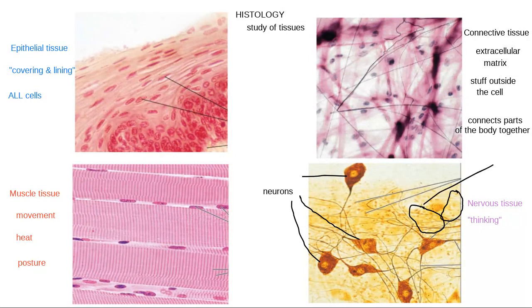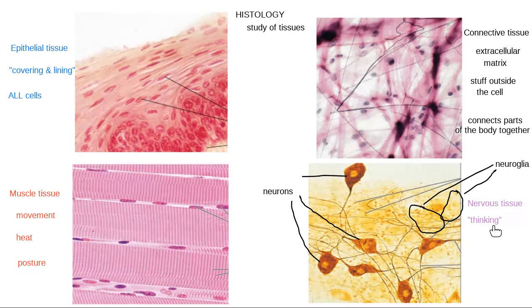Those little tiny spots that you're seeing are called neuroglia. And those are the helper cells. They help neurons do their job. So neurons are the thinkers, neuroglia are the support cells, the ones that keep them alive. Nervous tissue in general is responsible for collecting information, responding to information, all that kind of stuff.